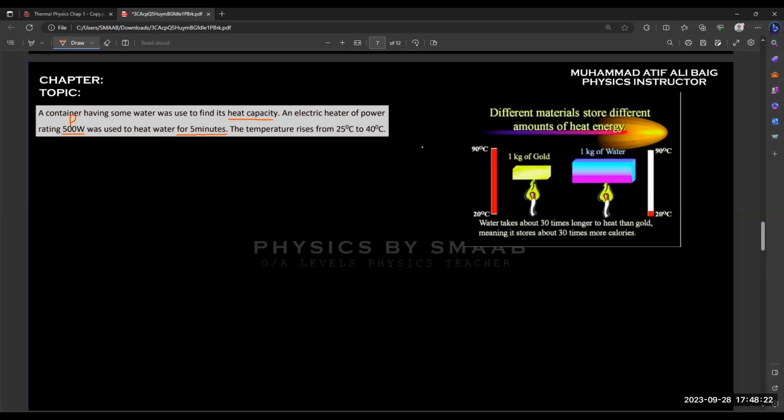Because the last chapter we discussed is related to power, now you know that we can easily compare the concept of power, temperature and heat. The temperature rises from 25 to 40 degrees Celsius, so there is a change of 15 degrees Celsius in temperature. So let's try to solve this one.